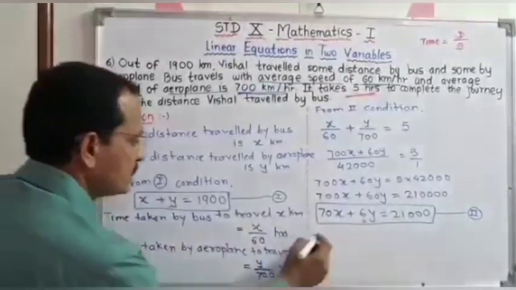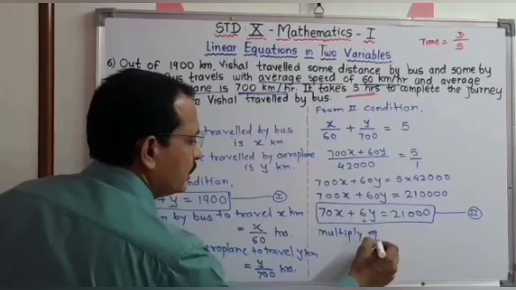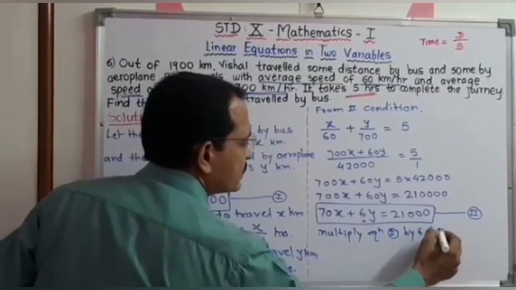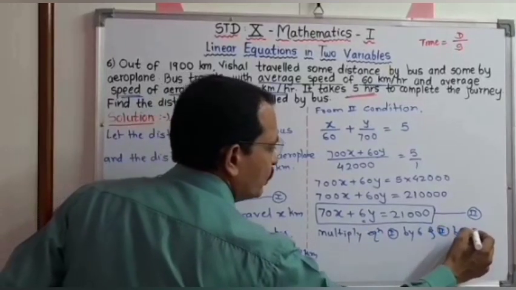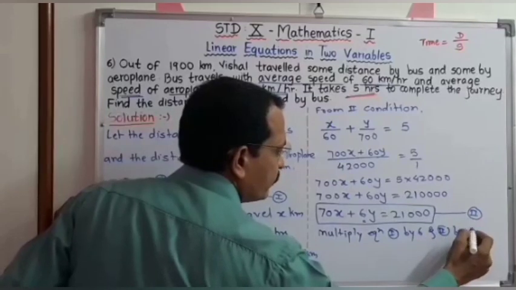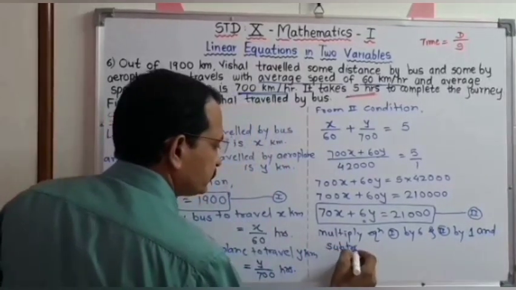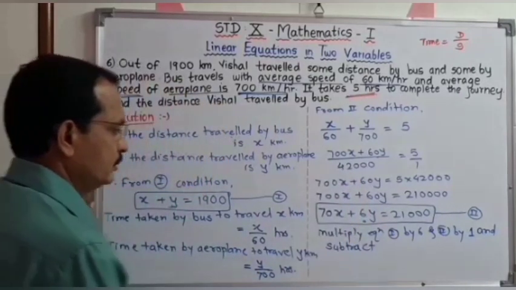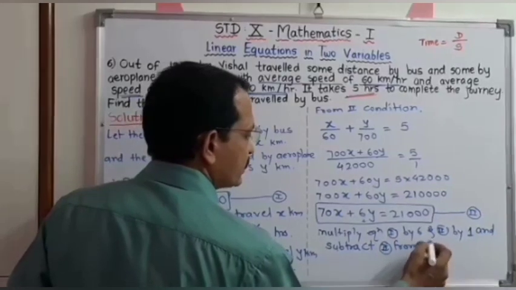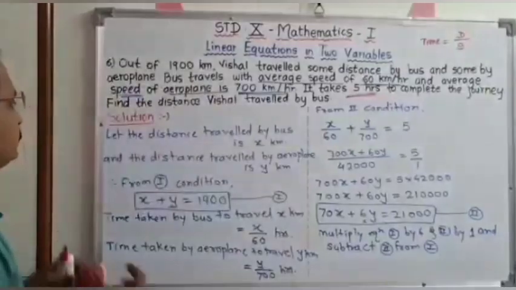For that purpose, we write here: multiply equation 1 by 6 and second by 1, and subtract second from first.